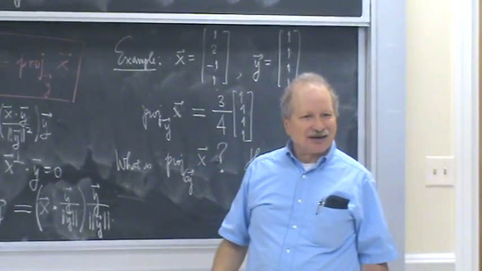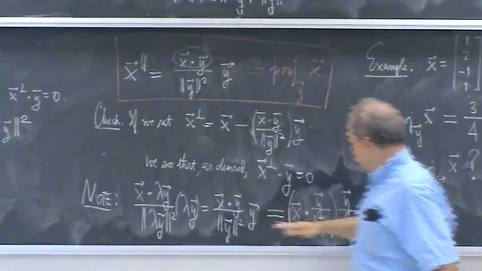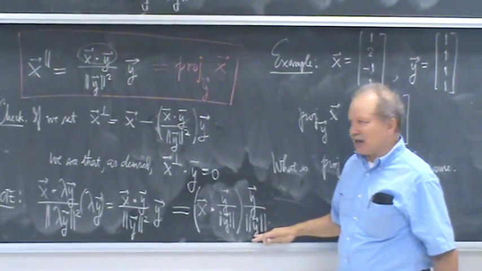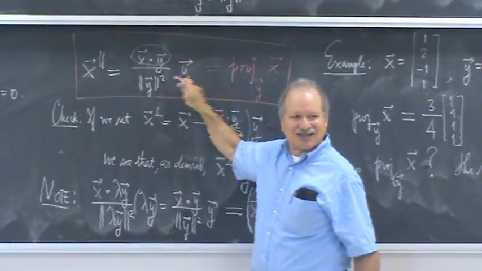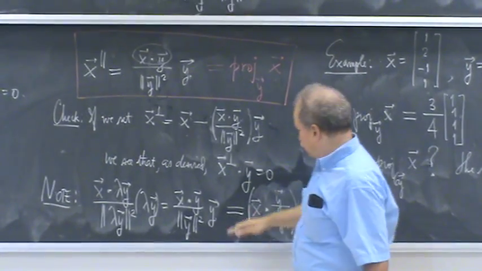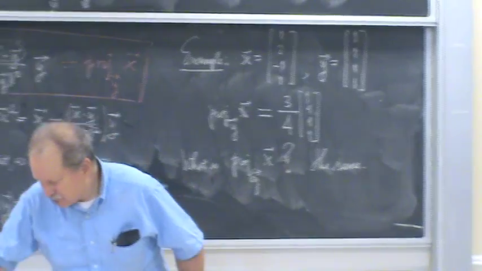And then this factor is just normalizing it exactly so that if you stretched y, you get the same answer. So because y appears quadratically upstairs, it has to appear quadratically downstairs. And that's how you remember the formula. Okay, end of the geometry now.